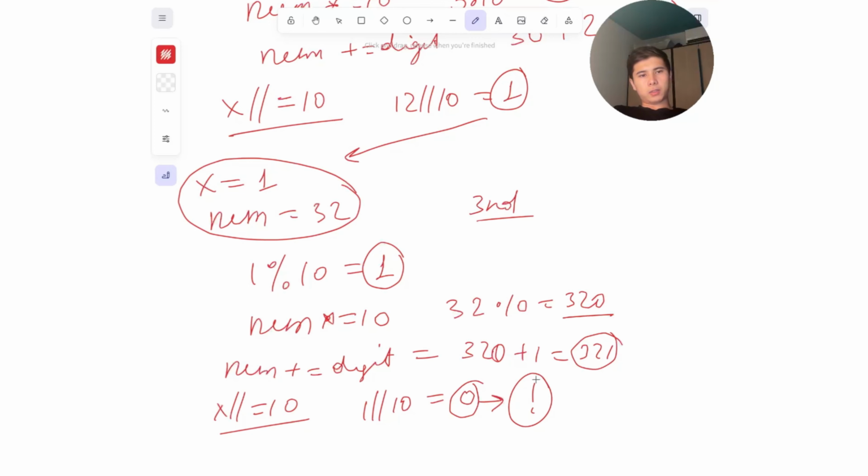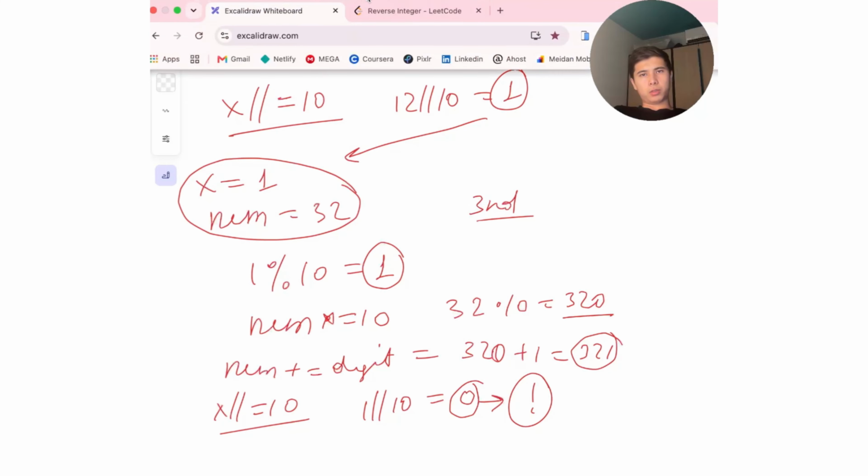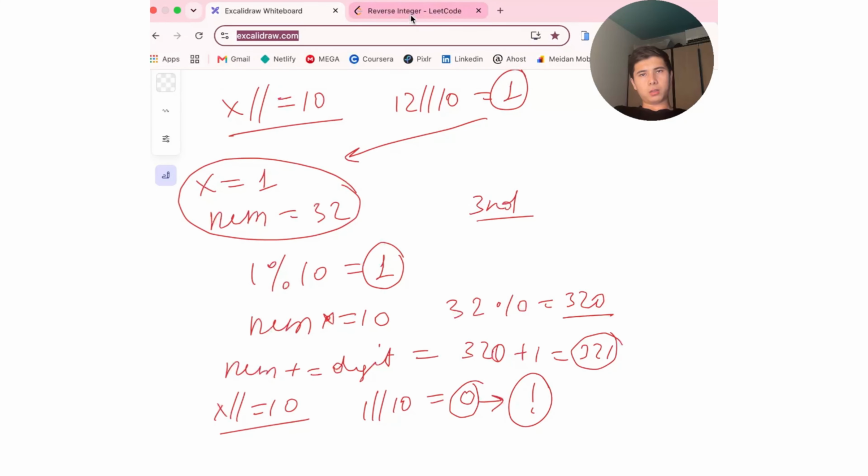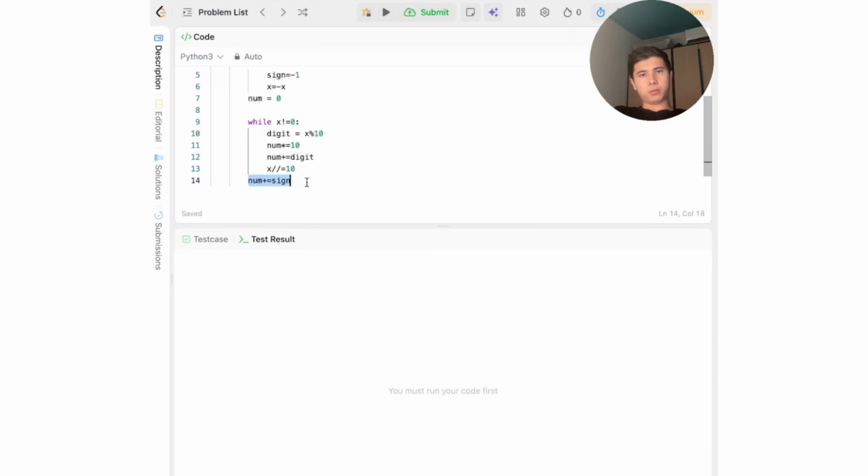After the loop, as we saw in our coding part, number multiplied by sign. It's not summing, it's just multiplying, so the result becomes negative or positive.